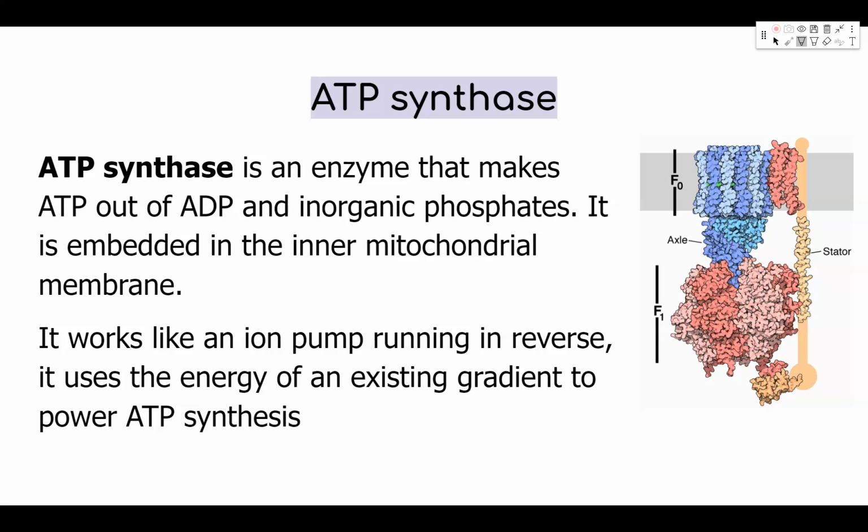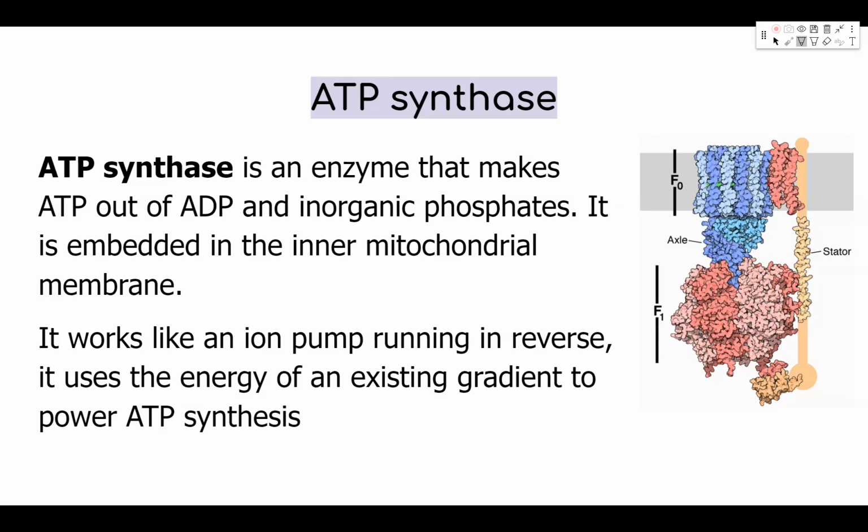It tells you what it does in the name. So it'll take in ADP and inorganic phosphates, those little Pi's that we draw. It'll take those in and it will make ATP out of them. It will trap that energy, it'll make that bond.